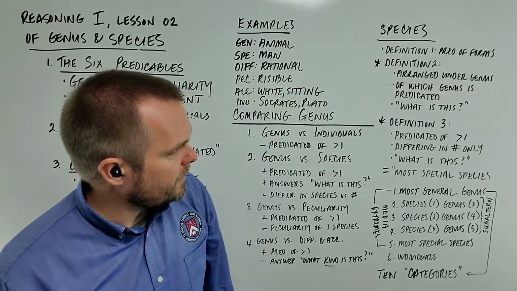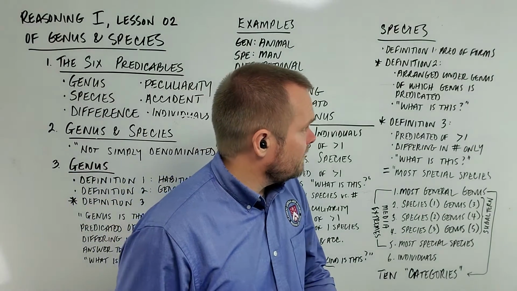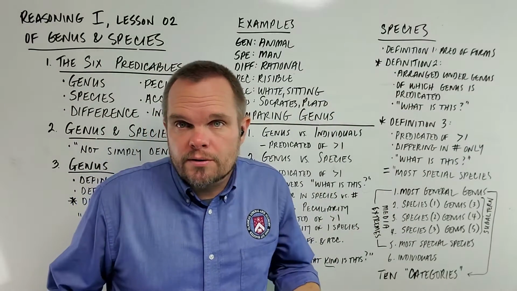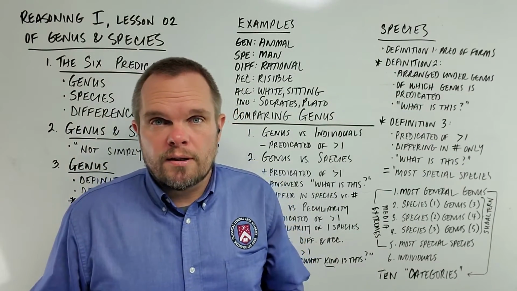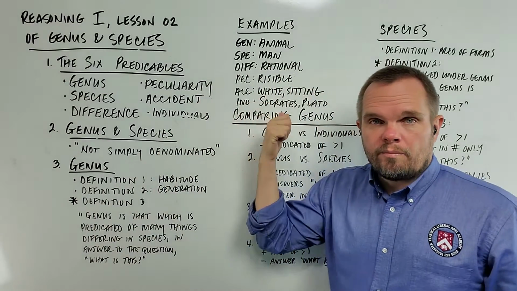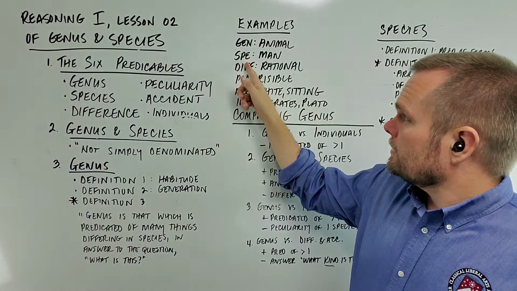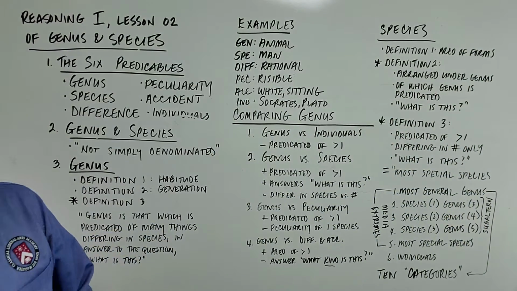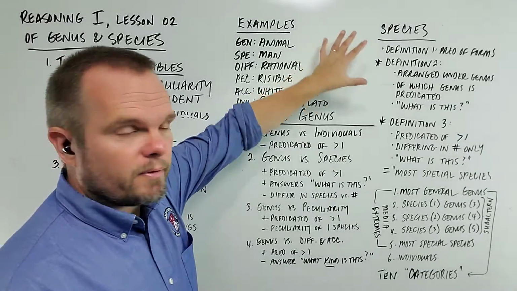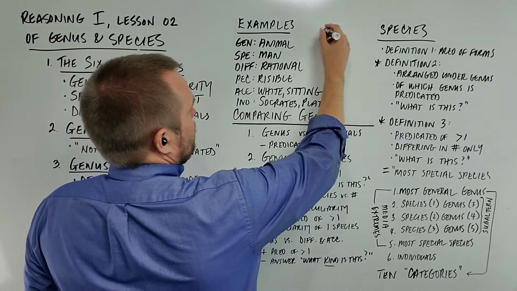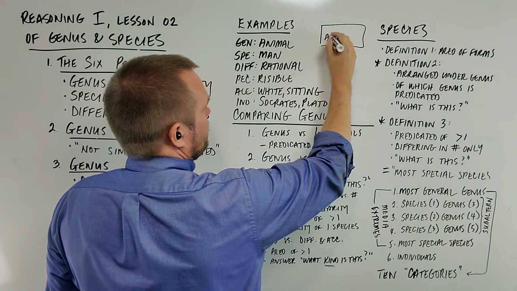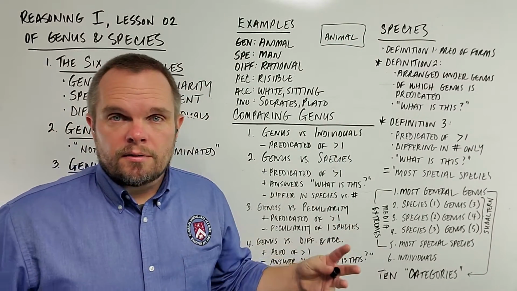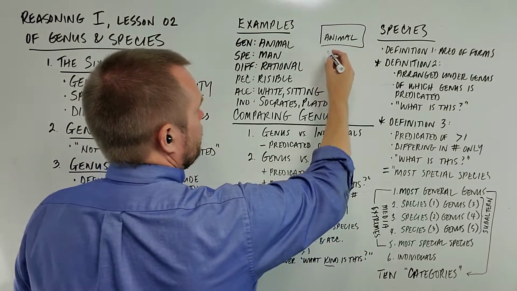Second definition. Species is that which is arranged under genus. That's a good definition. That makes sense based on what we've been talking about. Species is arranged under genus. Let me give you a quick little illustration. If I take a genus, a class of things, say animal, animal can divide into a number of different things.